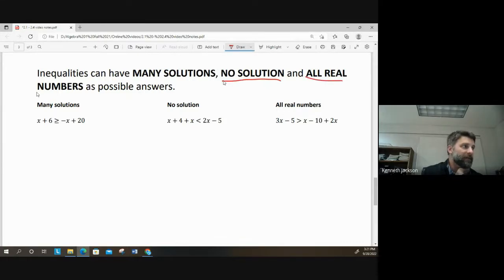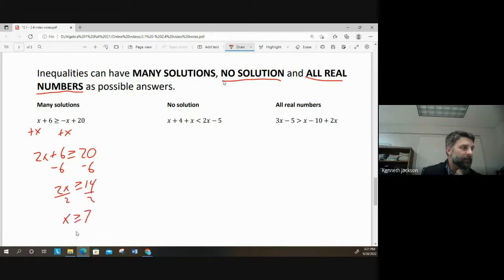Again, this is a topic we talked about in chapter 1. On our first example, to get rid of a minus x, I can add x. To get rid of a plus 6, I can subtract 6. And to get rid of a times 2, I can divide by 2.